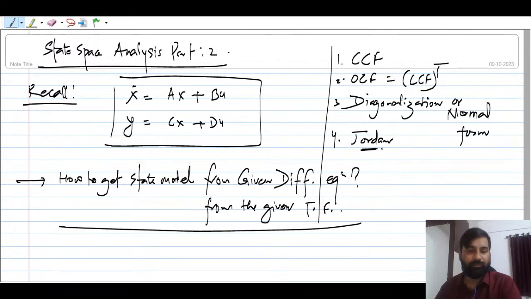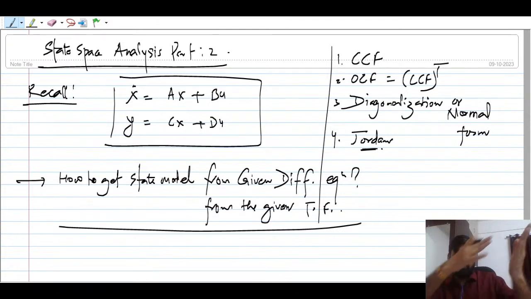In the options you have to see whether they have asked for controllable canonical form.